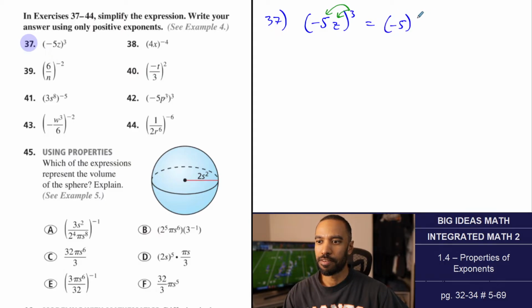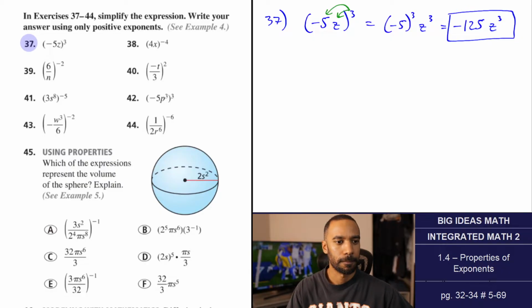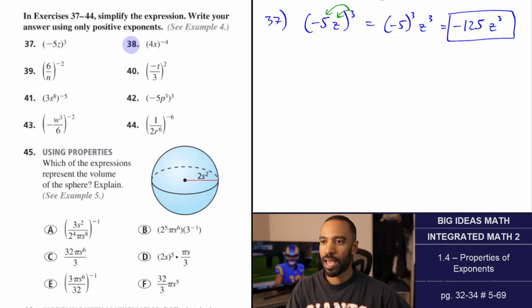I'm going to keep the negative 5 in parentheses, though, because the 5 is negative, and then the z being cubed. Negative 5 cubed is negative 125, and z cubed is, yes, that's the result. Number 38, 4x to the negative fourth power.